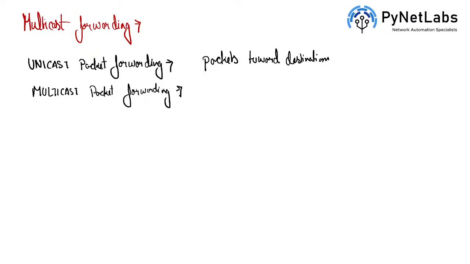When it comes to multicast packet forwarding, the packets are always guided away from the source.